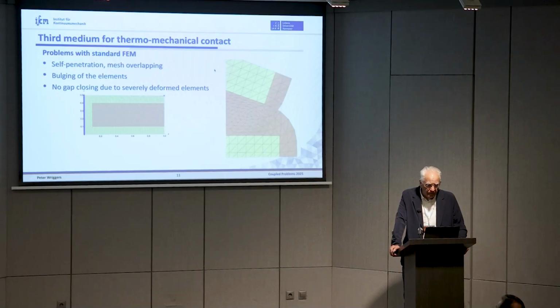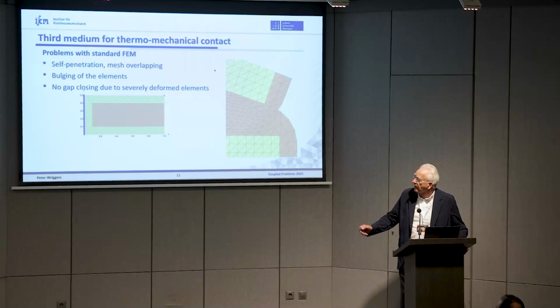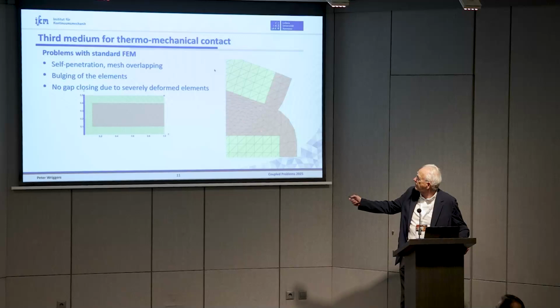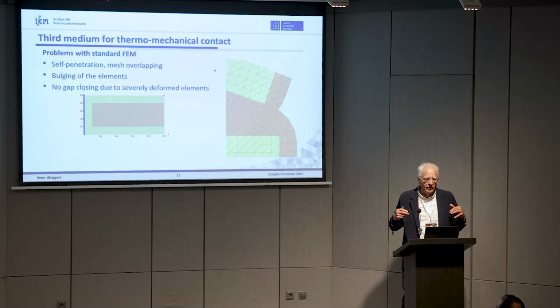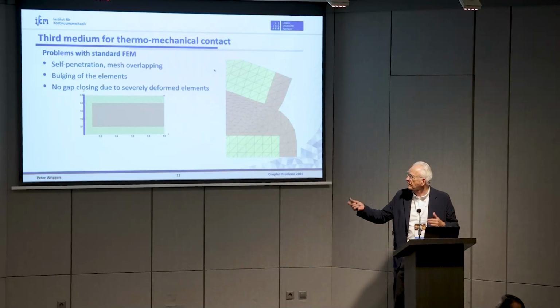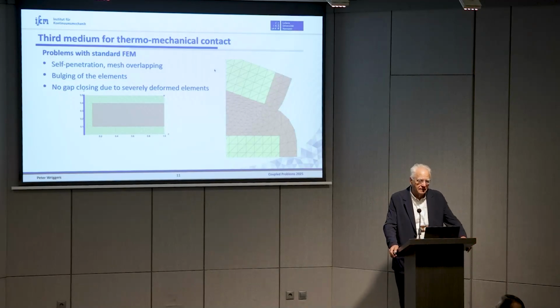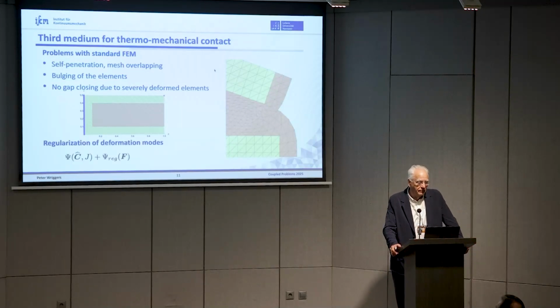So, for example, if I take the same example I saw before, which is this sort of the clamped beam under load, and if you use standard elements here, triangle elements, what you can see here is that they basically overlap, and of course your computation breaks down. So this doesn't work. So you have to do something extra. And this is what we have to define.